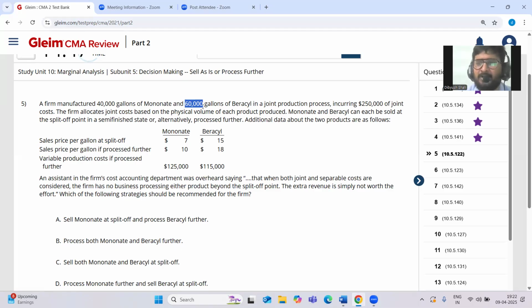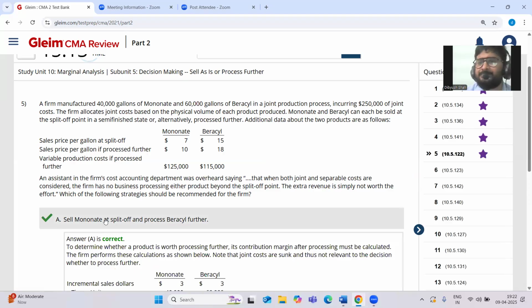And the incremental processing cost is $1,15,000. So my revenue is more than cost. It's 1,80,000 and cost is only 1,15,000. So my profit will increase by 65. So I should process Beresyl further while I should sell Mononet at split off. Option A, sell Mononet at split off and process Beresyl further. This is the decision.